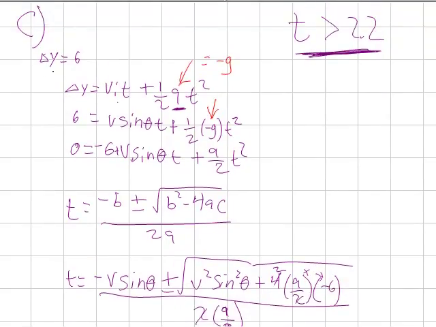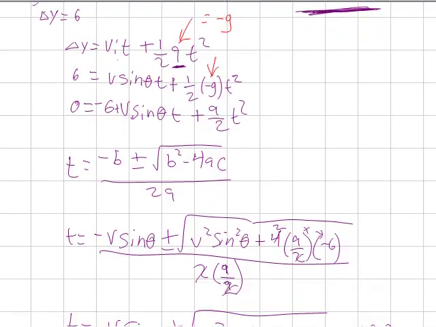Alright, so we know that our y is going to be 6, and we plug that in. We set our kinematic equation. We know that our acceleration is negative gravity, and we will leave it as g just to solve the problem. We'll plug it in later.